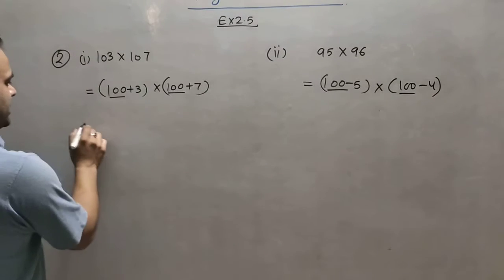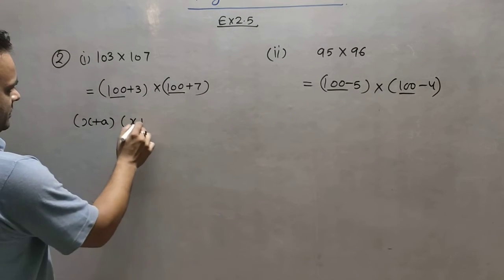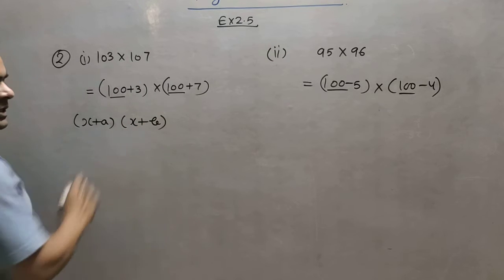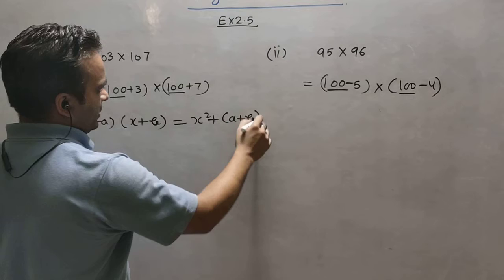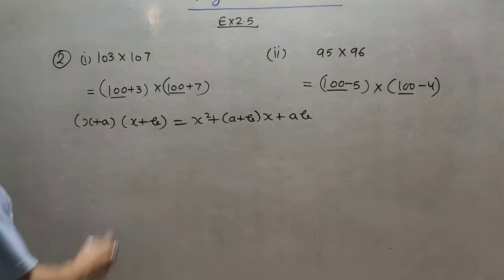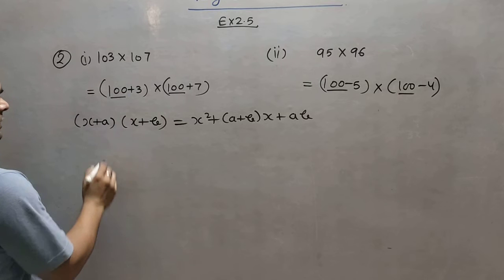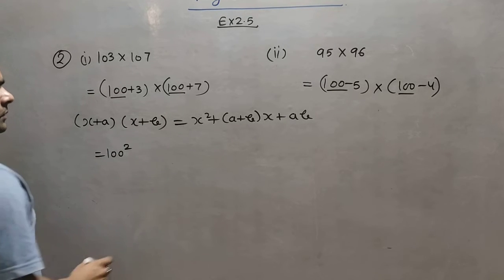So it will work as a. Suppose I will see this particular expansion with the x plus a and x plus b. So you know very well what is this identity. We have discussed in previous sum also. So what is x here? 100. So it means in place of x I will write 100 square.